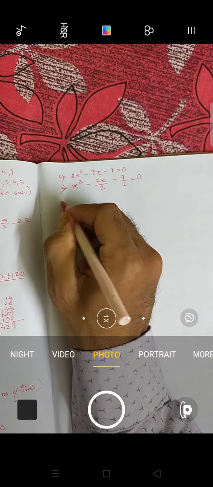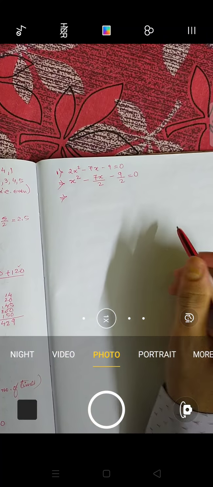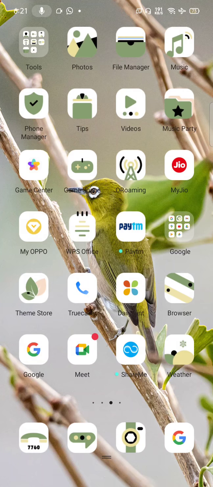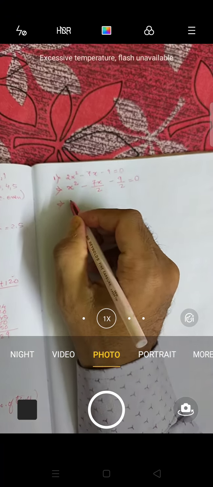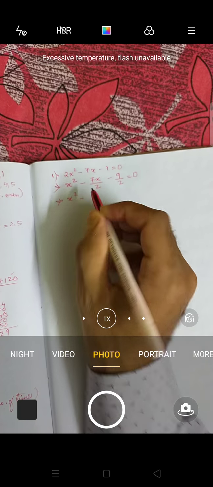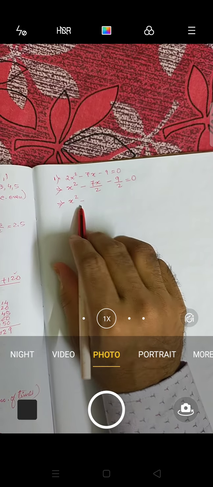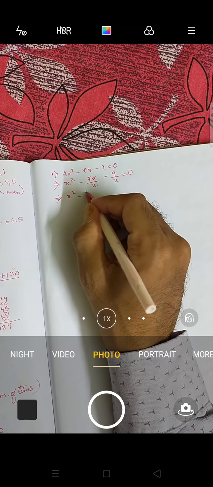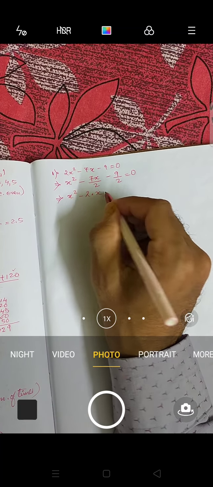Okay. Now you have to make this a complete square. Now how to make a complete square? As I already told you in the previous class, this can be taken as a square minus 2ab. There is a minus, so we will take minus. So a square minus 2 into a, that is x, into b.